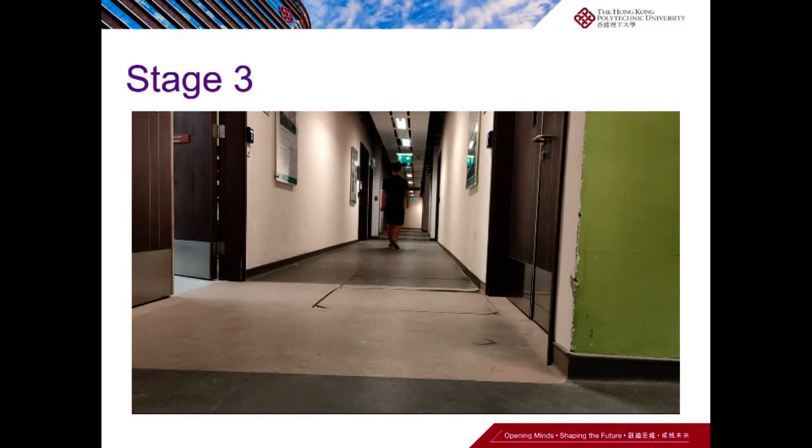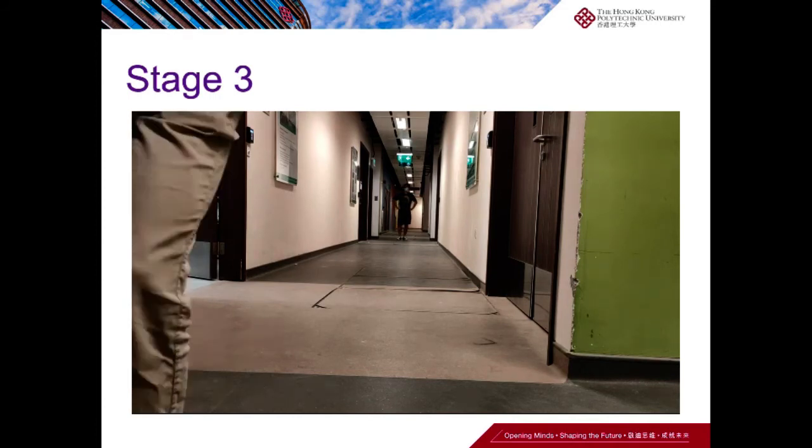The participants walk away from the cassette tape until he can't hear the voice. He stops at that position and then use the ruler tape to measure the distance between the cassette tape and the participants.